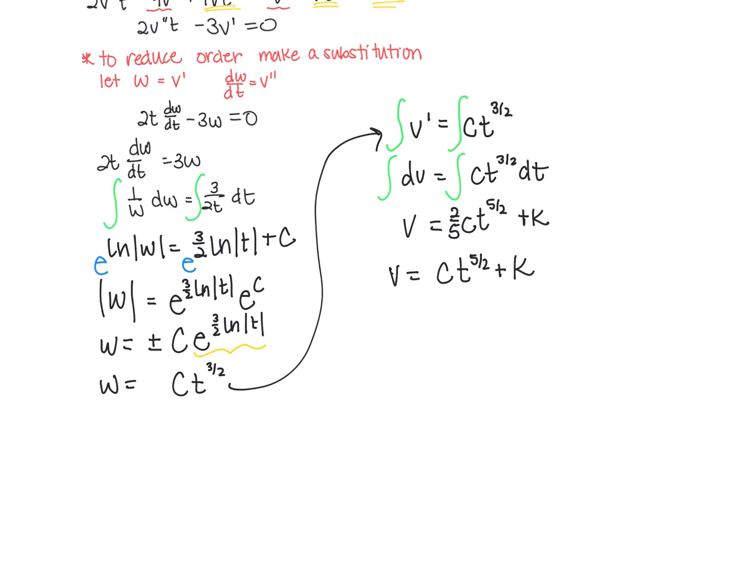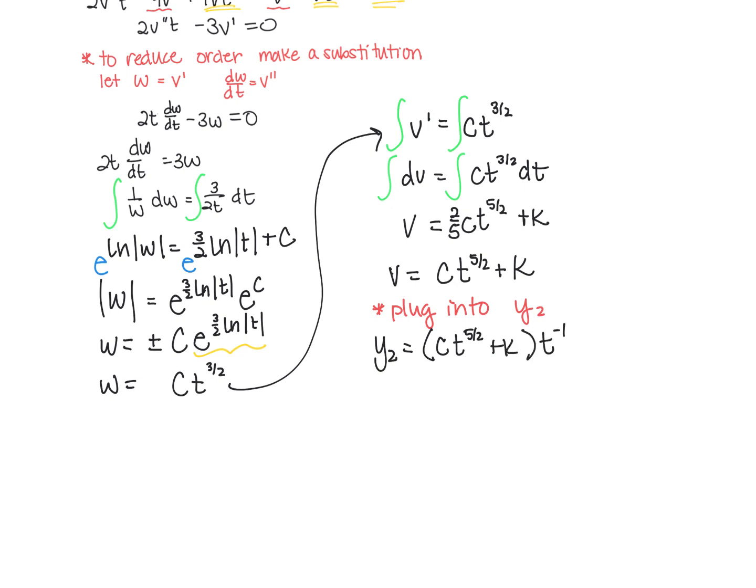But I'm not done. But I do know V. But here's the easy part now. Now what I'm going to do is plug this into y2. Y2, remember, is V times the t to the negative 1.